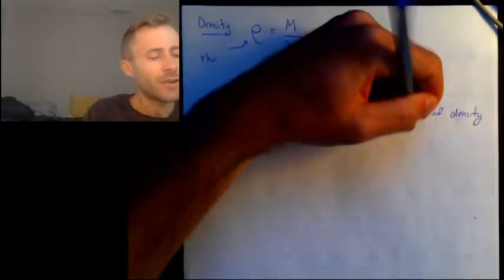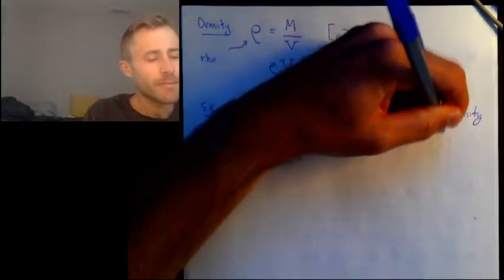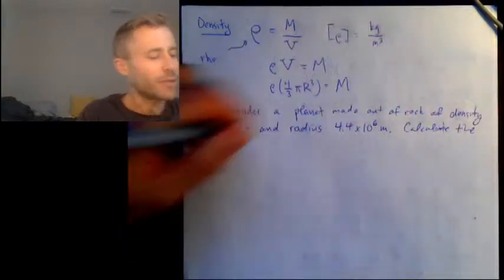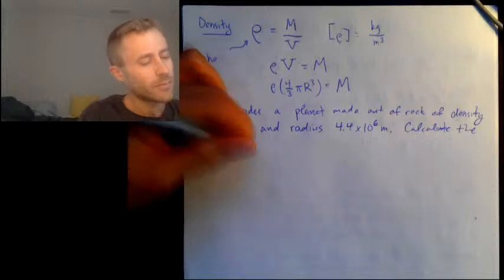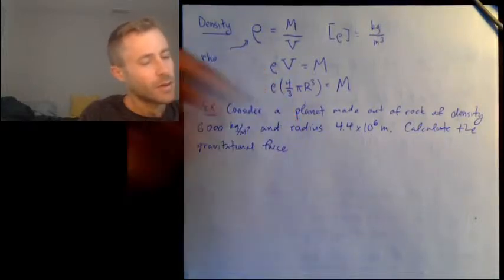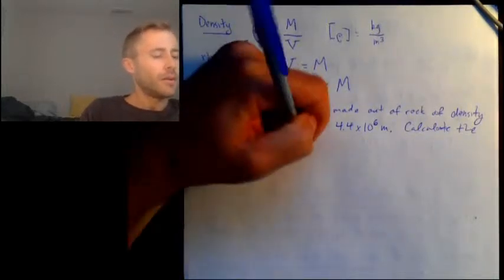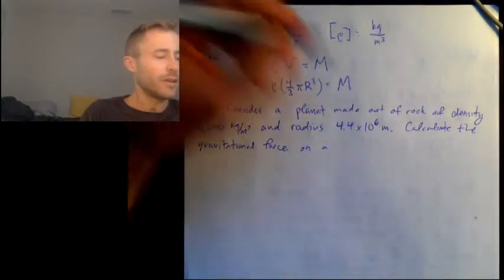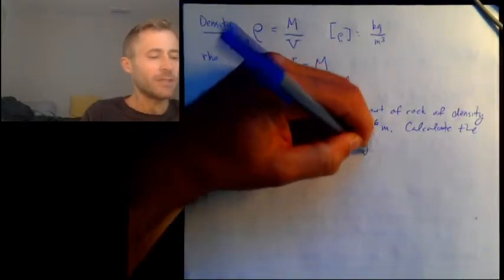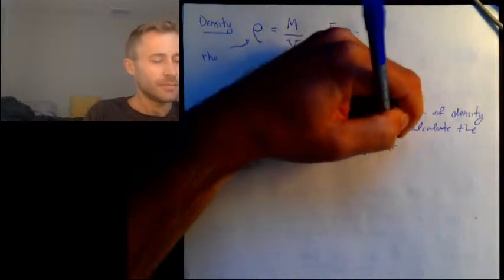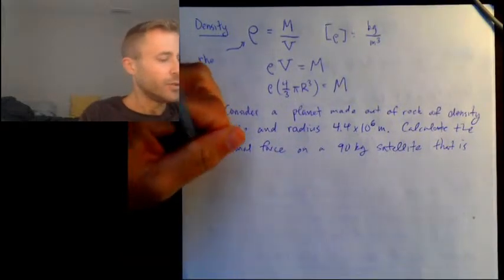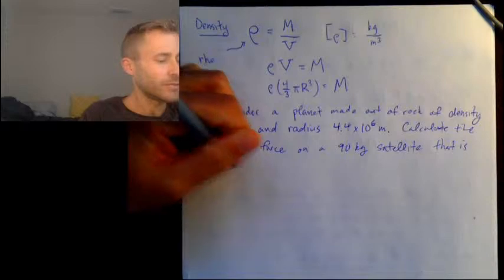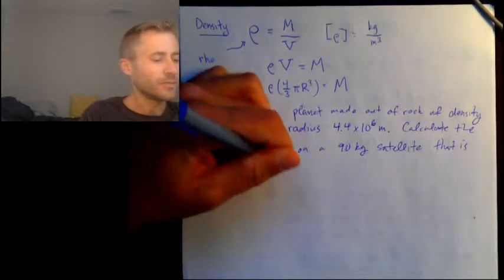Okay, calculate the gravitational force on a, let's say, 90 kilogram satellite that is 2 times 10 to the 6th meters above the surface.